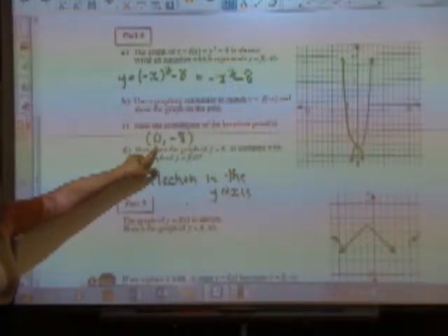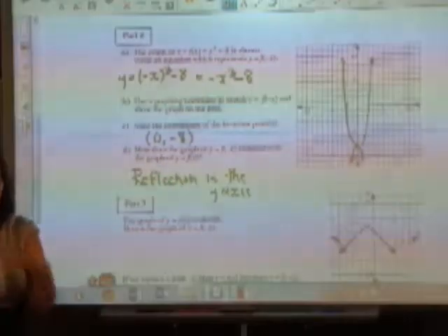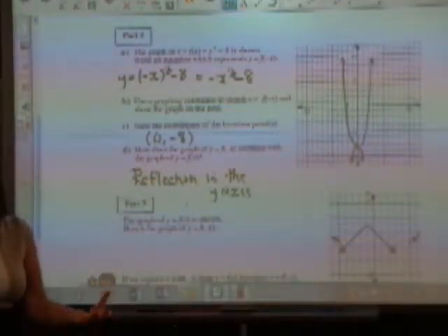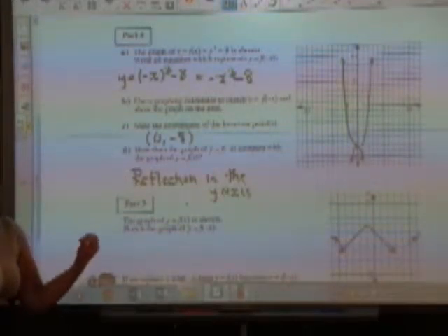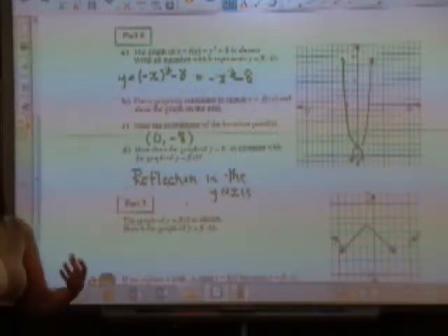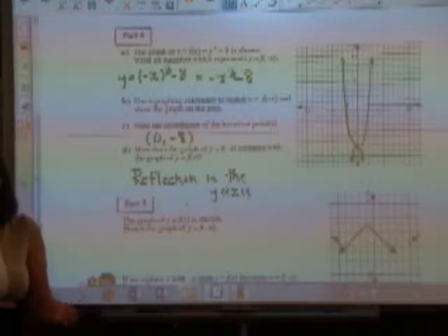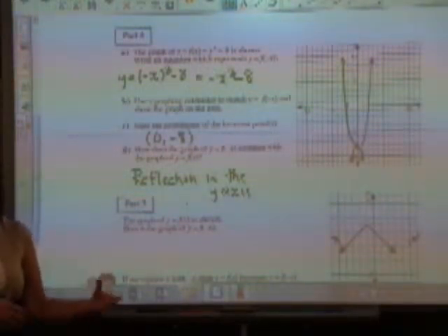That's why the invariant point is along the y-axis, because my x-coordinate is 0, and when I multiply 0 by a number, it doesn't change the number. So previously, the invariant points on the previous page, the y-coordinate was always 0, and my replacement was replacing y with a negative y. So again, it doesn't move because there's no change when I apply that transformation.